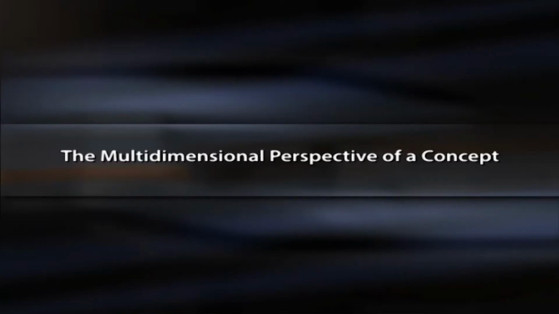The multidimensional perspective of a concept. This indicates that the same concept can evoke varied imageries to different persons. These may not be contradictory. Each one has a distinctive point of view because each individual has a structure of thinking. Let us take the concept of schooling.